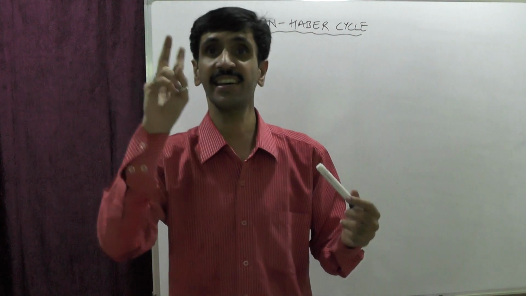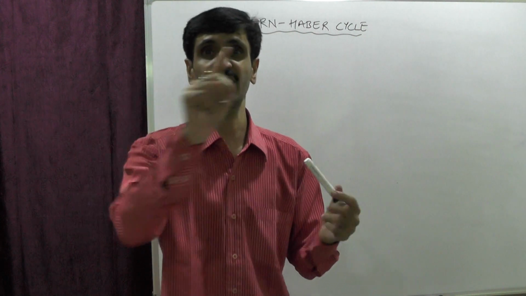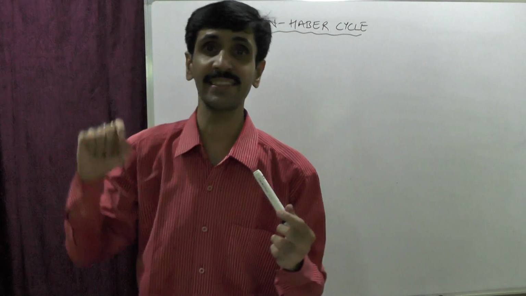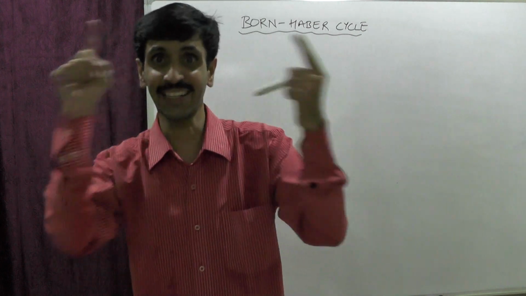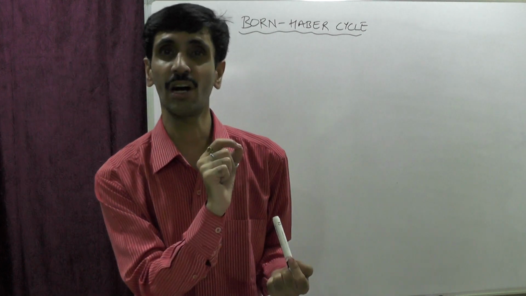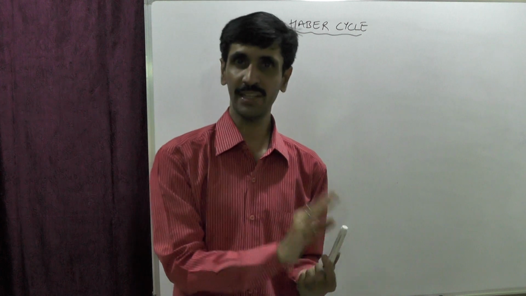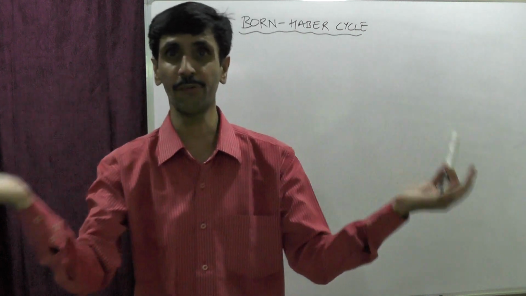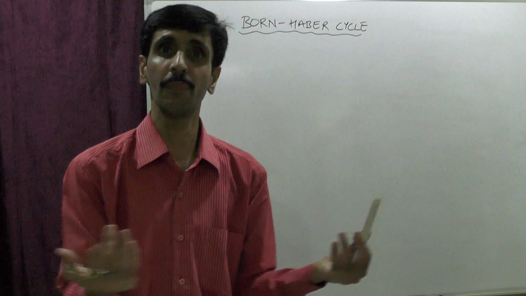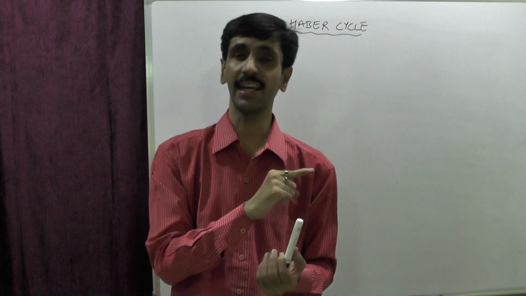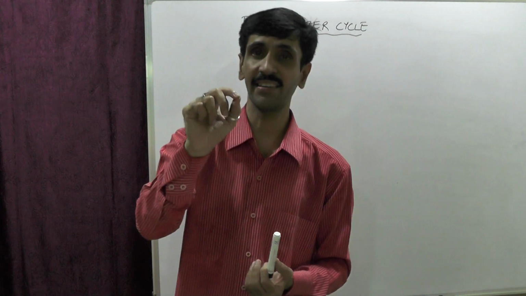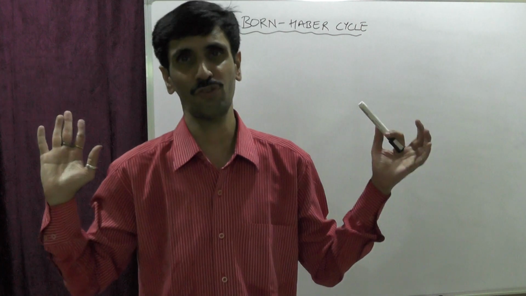Born and Haber, these are the two different German scientists who experimentally have designed the determination of lattice energy. Okay, the previous two were the theoretical formulas or equations, but this one is an experimental technique of determining the lattice energy of ionic compounds.